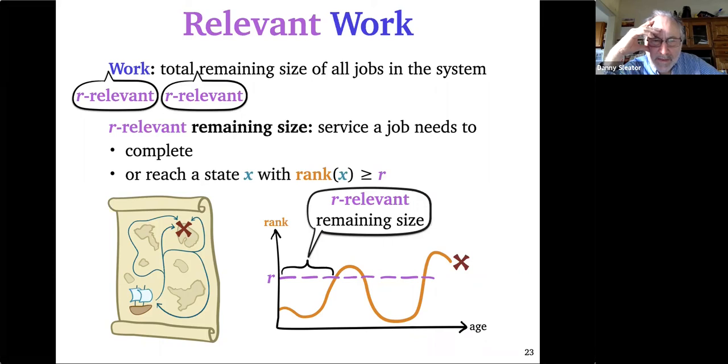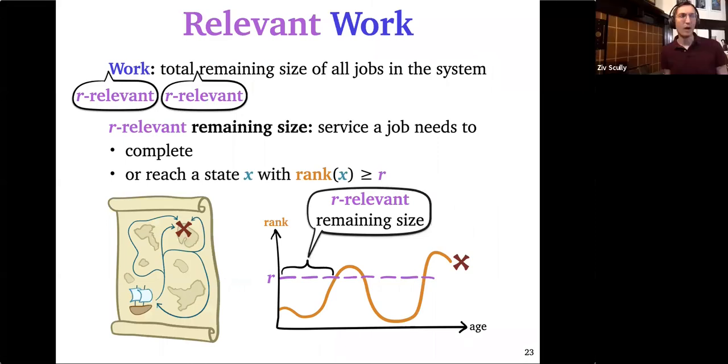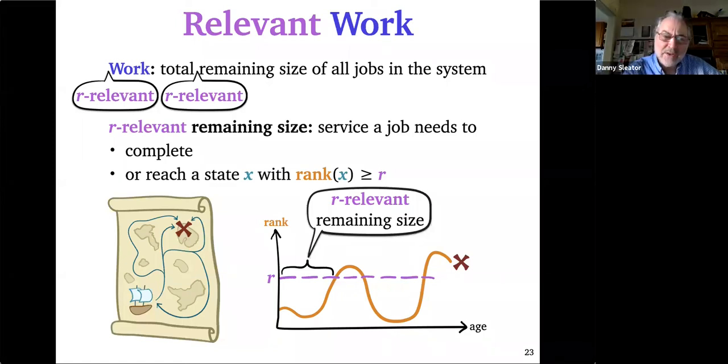So it's like now you're saying it's sort of the integral over time of the work that's done while the rank is less than R. Right. So is it counting all those parts where it's above the brown curve?